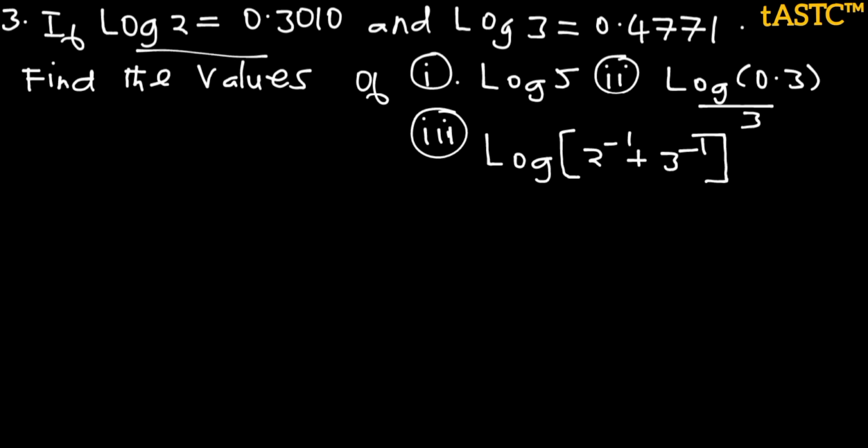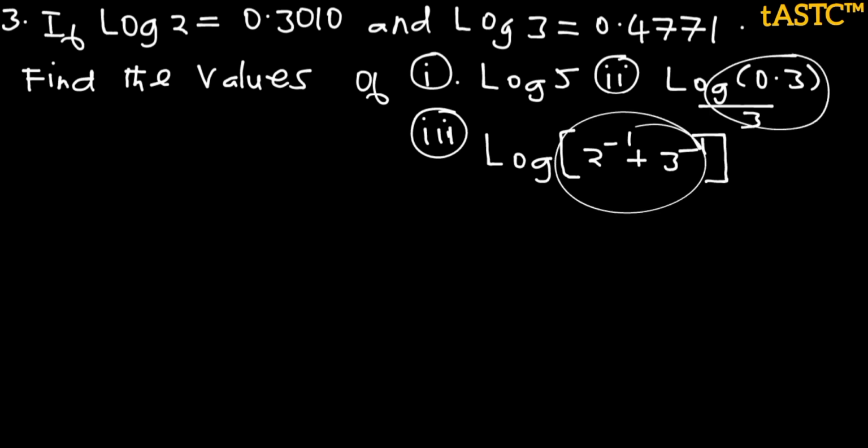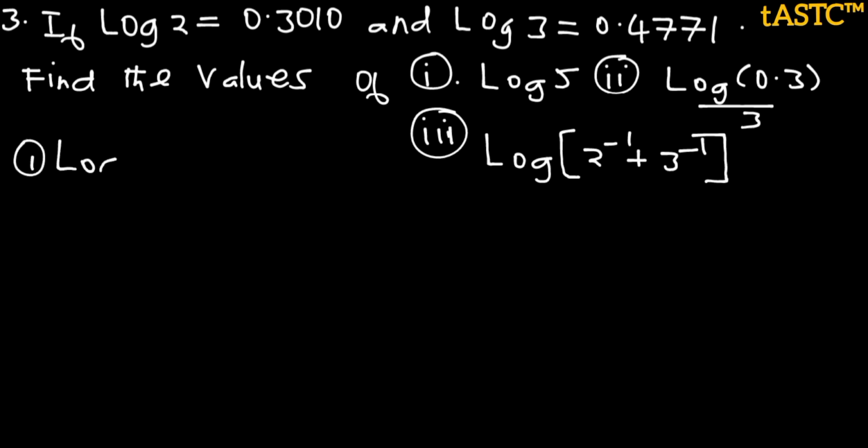So if we have these parameters, we are required to find out what is going to be the value of log 5 of this stuff and this stuff. So let us start with number 1. We need to find log 5. So what we're going to do is this. We know that 5 is the same thing as 10 divided by 2.